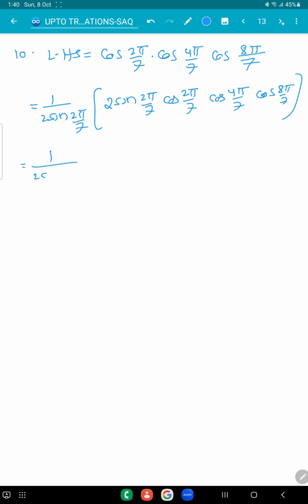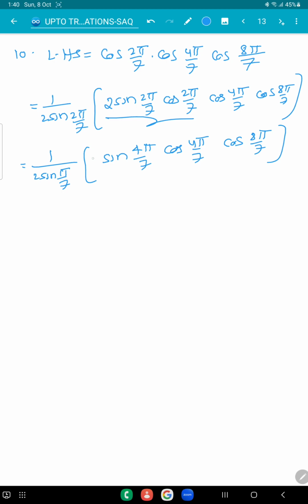So 1 by 2 sine pi by 7, 2 sine theta cos theta, sine 2 theta, sine 2 into 2 pi by 7, cos 4 pi by 7 is as it is, cos 8 pi by 7. Next step is multiplication and division by 2. So 2 2s are 4, 1 by 4, sine 4 pi by 7.